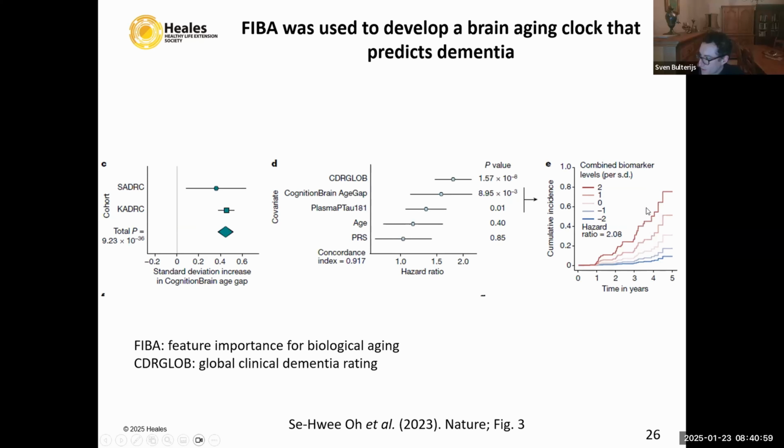And you can see it stratified for the different levels, every step up is a higher level of brain aging. So the 0 will be the people who have the normal ages, and the blue lines are the slower aging ages, and the red is the faster ages.